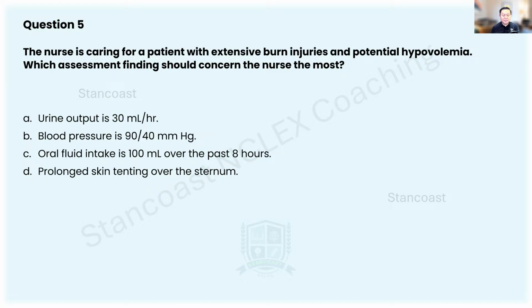All right, take a look into the options here. The nurse is caring for a patient with extensive burn injuries and potential hypovolemia. Which assessment findings should concern the nurse the most?